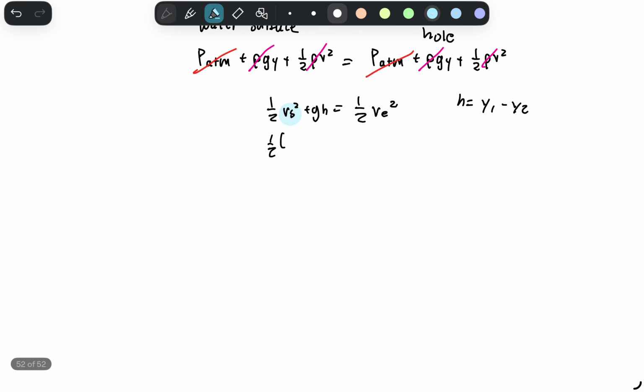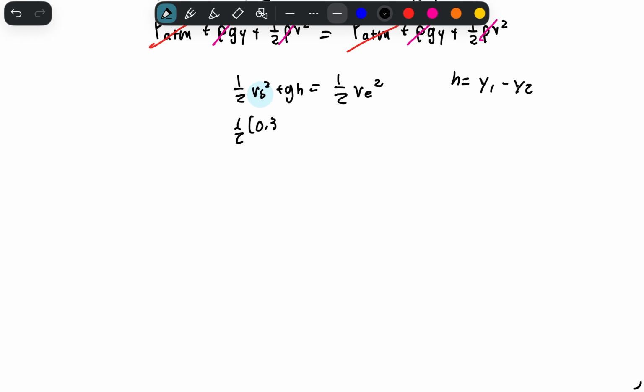So we'll put that here. 0.3249 VE squared plus G 2.30 equals 1/2 VE squared. Then we're going to have 1/2 minus 0.1055.